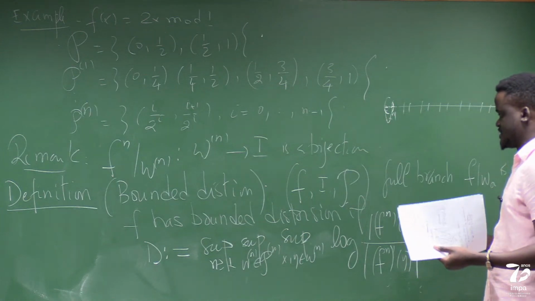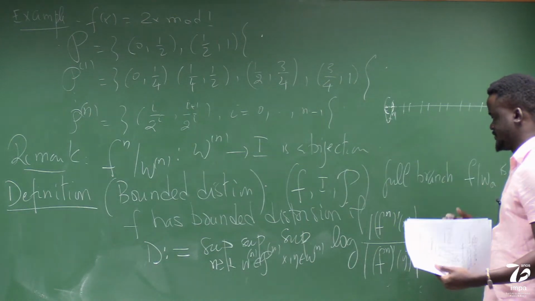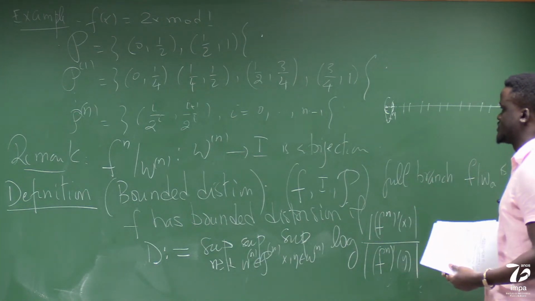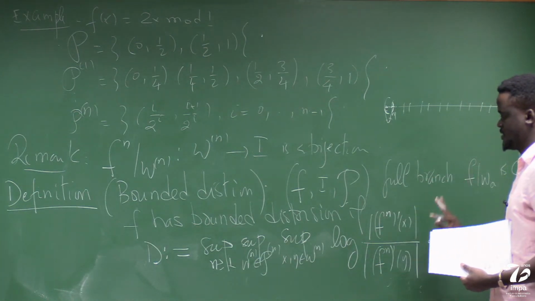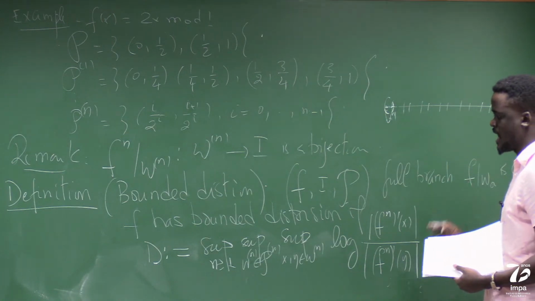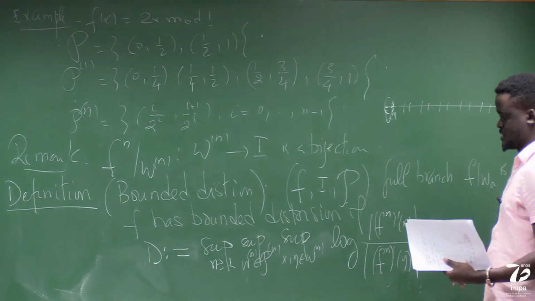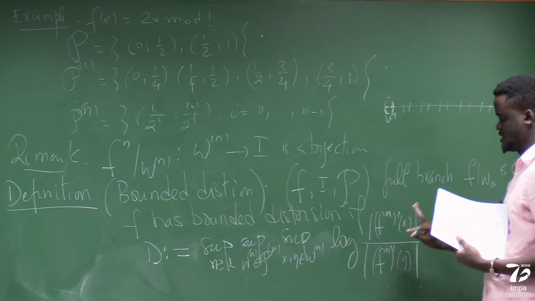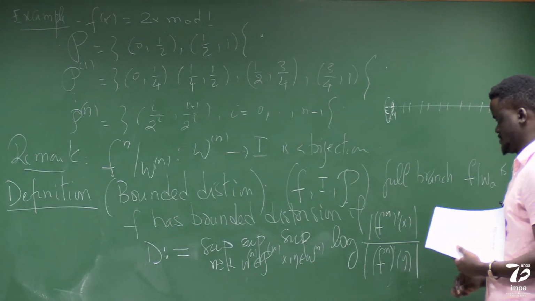Therefore, it makes sense to also think that their derivatives are comparable. That's what bounded distortion means. It's a very important condition to have when you want to study invariant measures, ergodicity, mixing, many properties. This is a key condition.